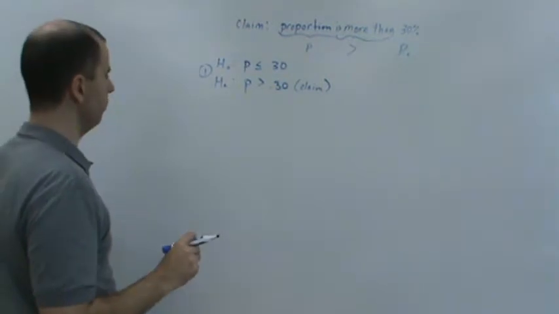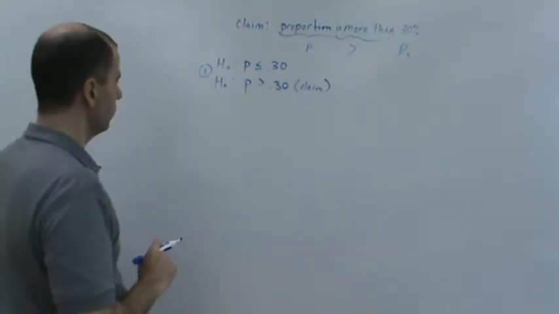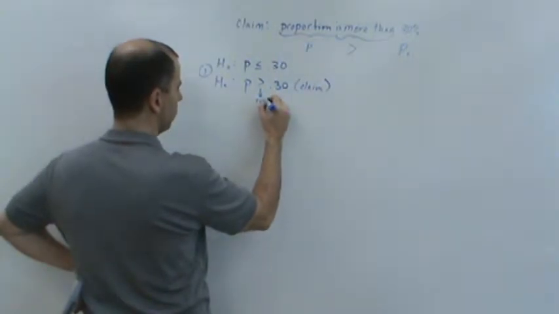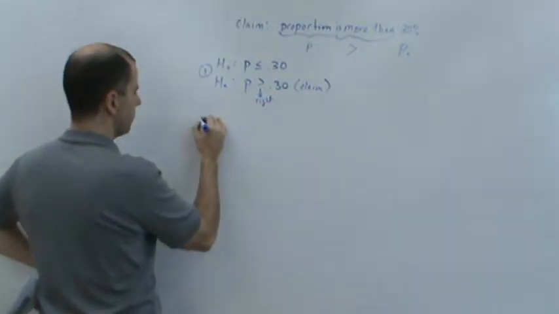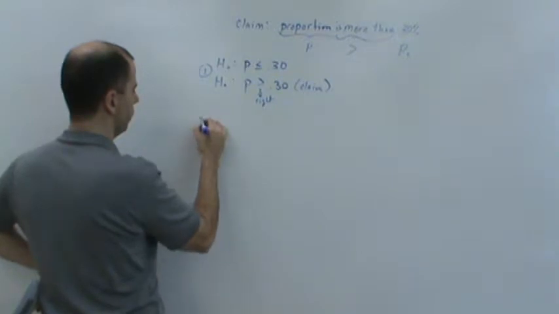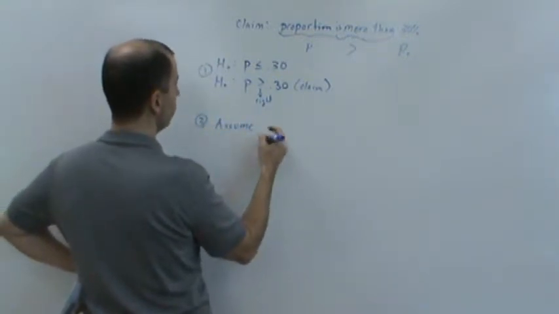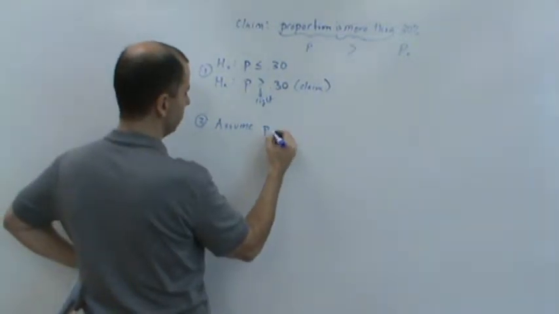So now, what do we do? Again, this is a right tail test. Step 2 is we assume the null is true, so we assume that P is equal to 0.3.